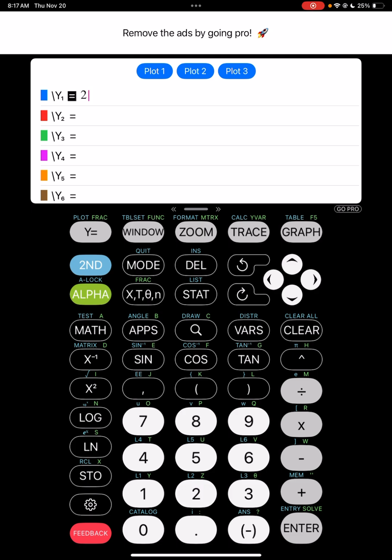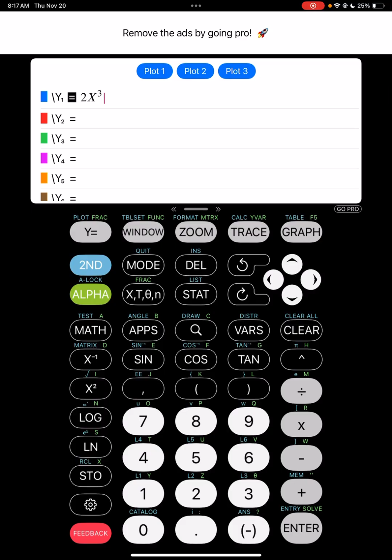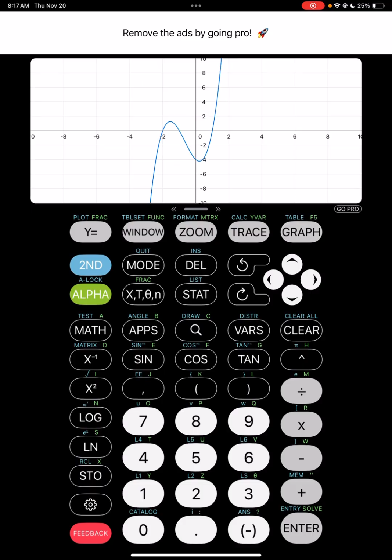So 2x to the power of 3 plus 4x squared minus 2x minus 4.